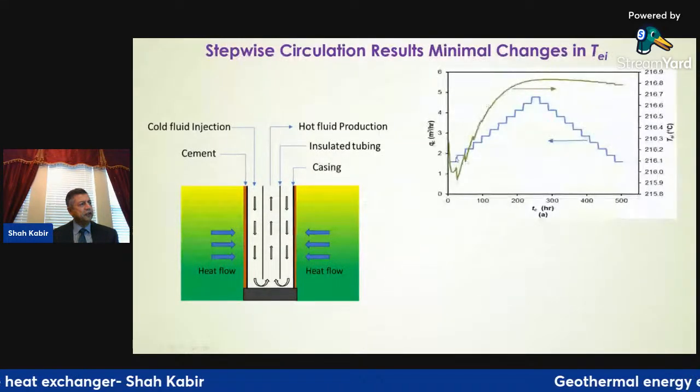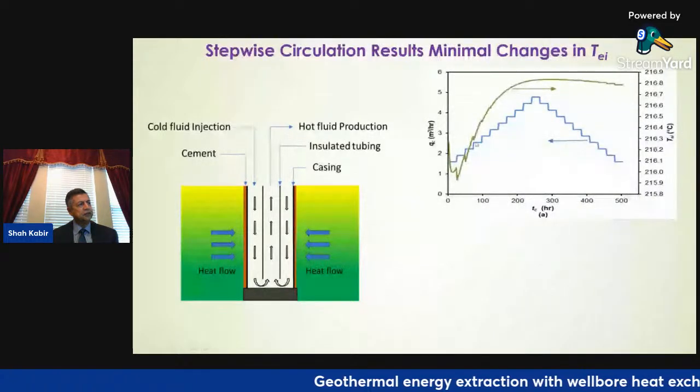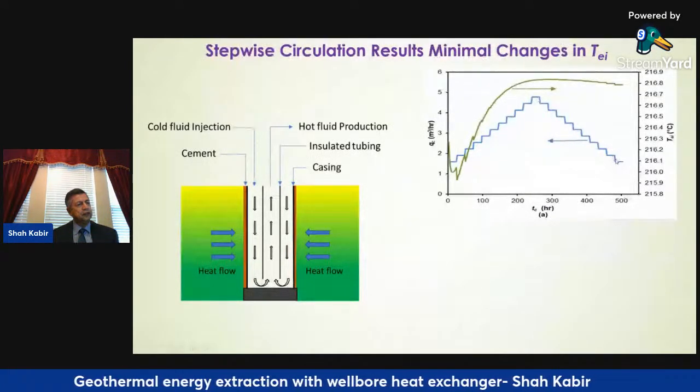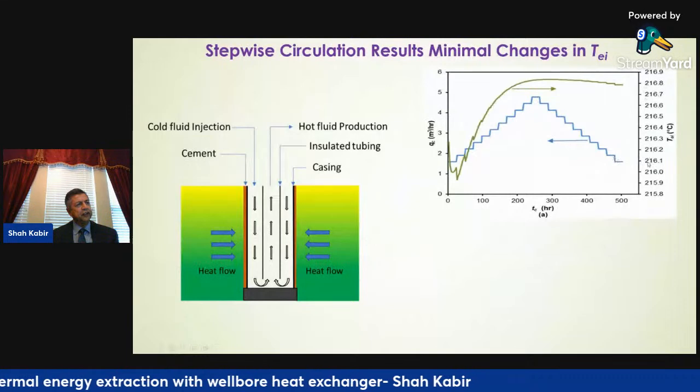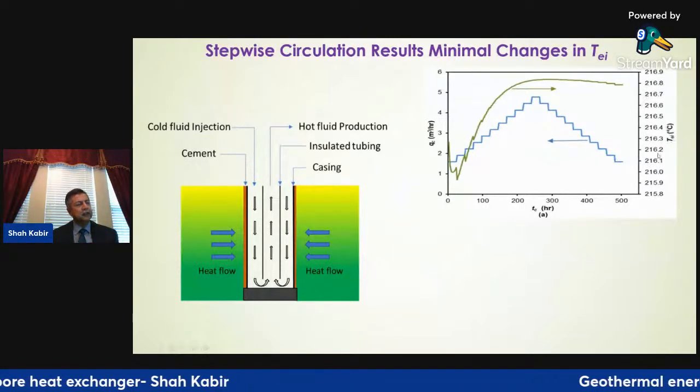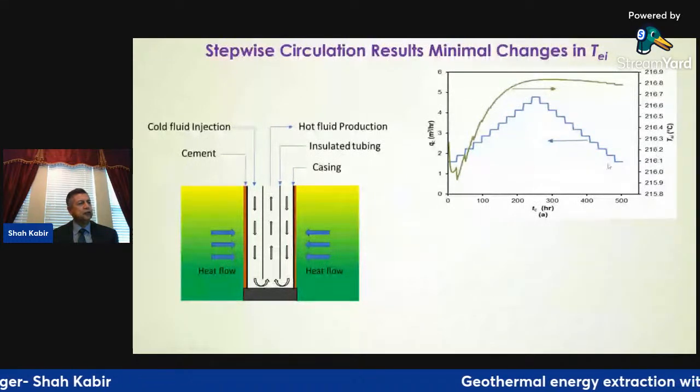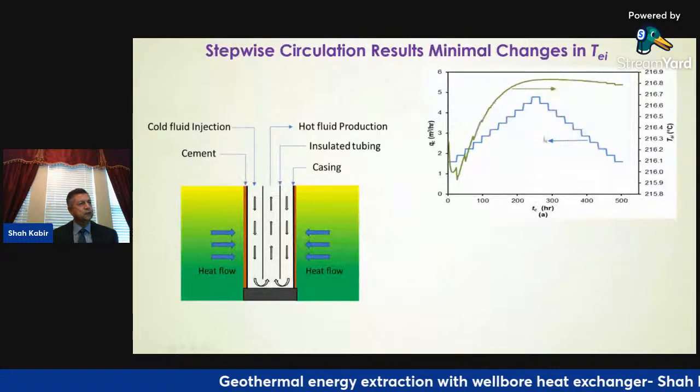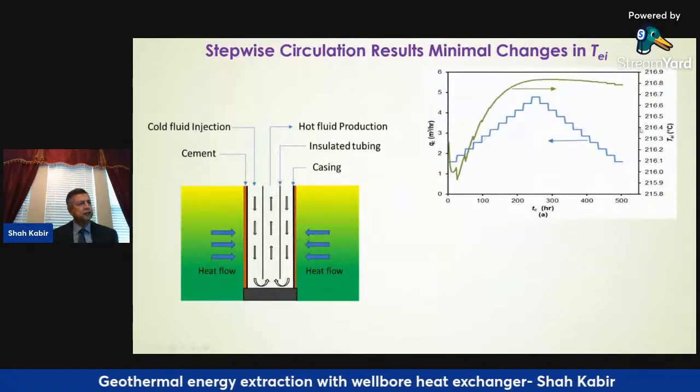So we said, okay, how about doing a stepwise approach, where we step up one step at a time, go up, and then we come down. That way we begin to see that we can control the near wellbore geothermal gradient reasonably well. So this is in hours, but still it shows a decent value proposition.